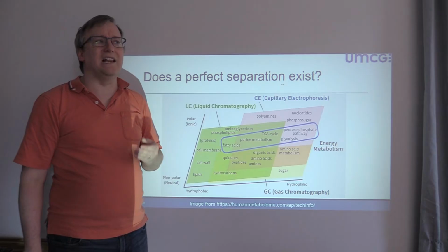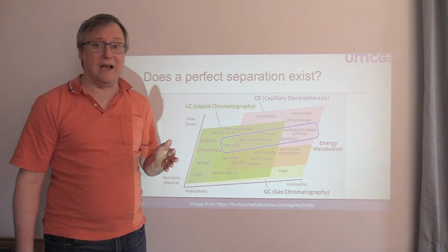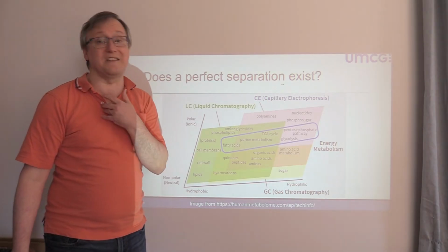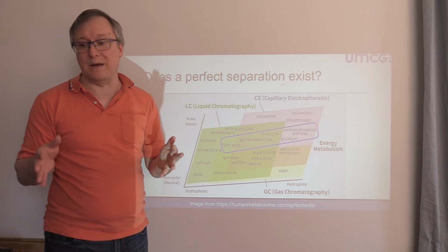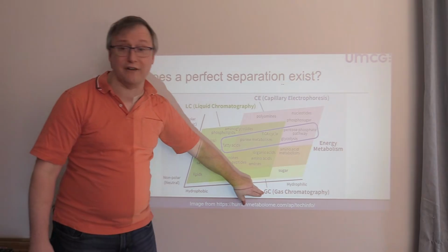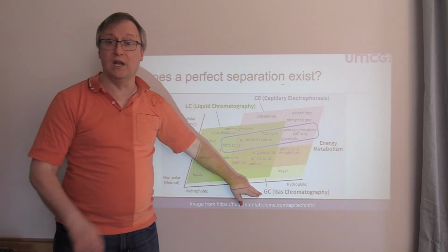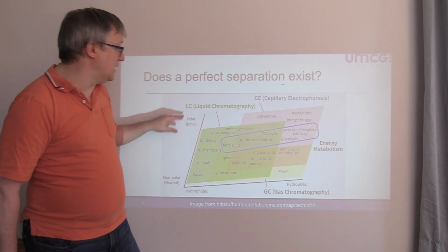So, is it likely then that everything in metabolomics should be analyzed by LC-MS-MS? I mean, yes, that's where I live, but that's not to say this is true for the whole field of metabolomics. In practice, the field of metabolomics has done a lot of work with gas chromatography, and I'll have a separate lecture about that filmed shortly.